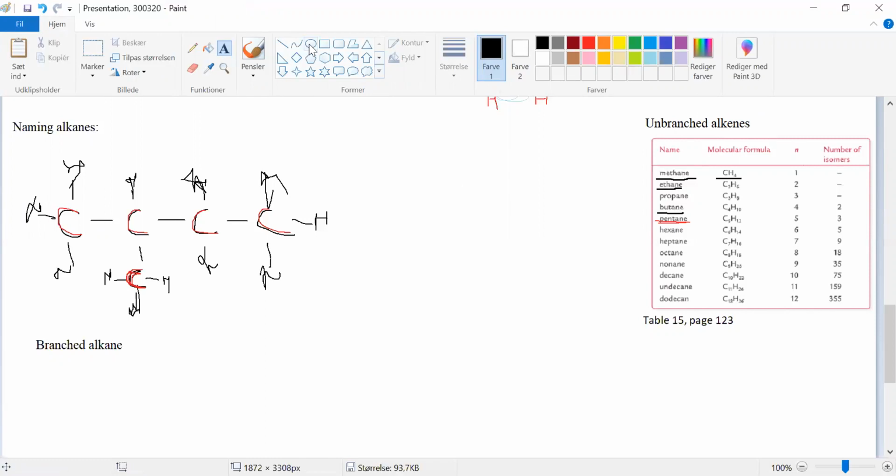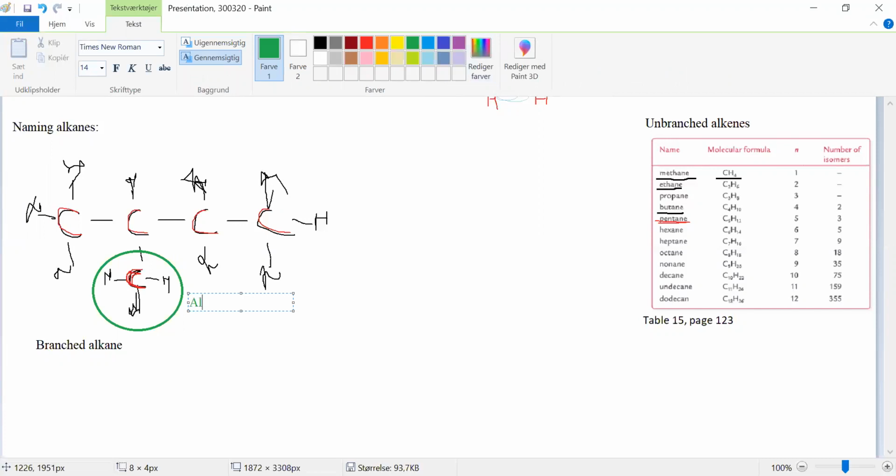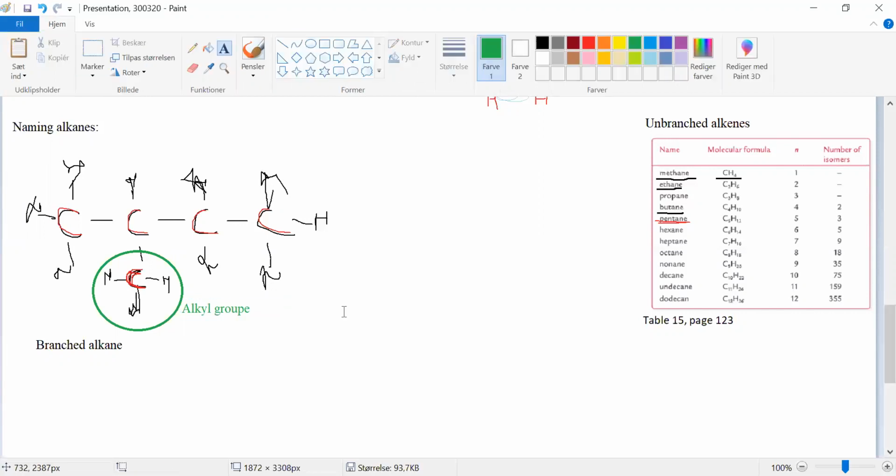So this part here, I'll just draw that in green. This part here is an alkyl group. It's sort of a side chain.